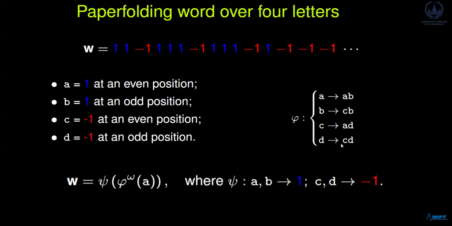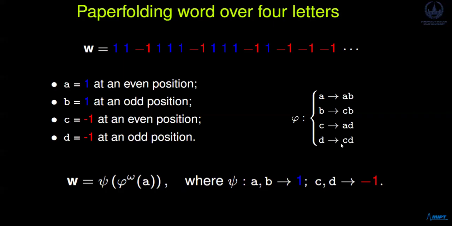Expression of W: this sequence W can be represented as psi of phi to the omega, I mean infinity, times iteration of A, where psi is the mapping from the symbols A, B to 1 and C, D to minus 1.